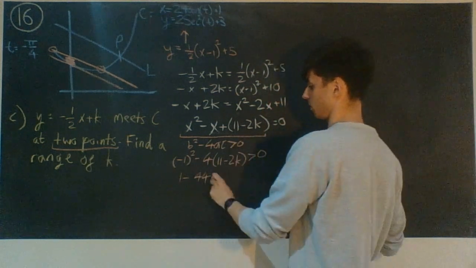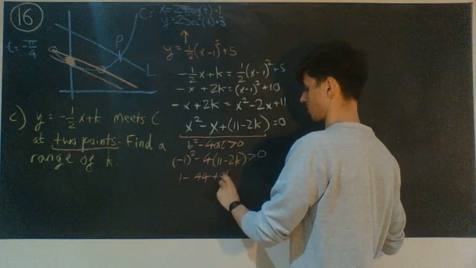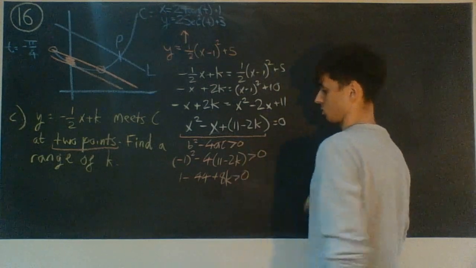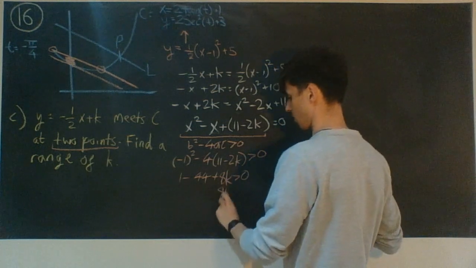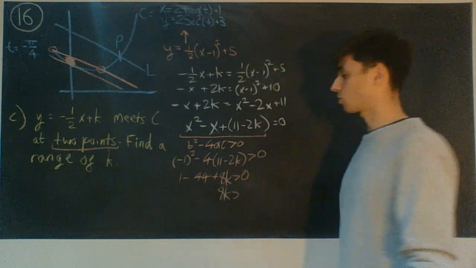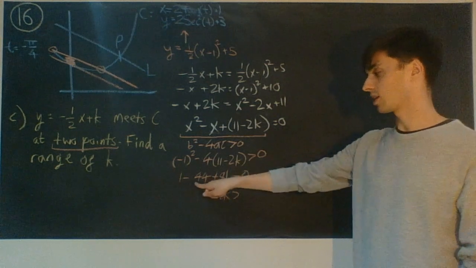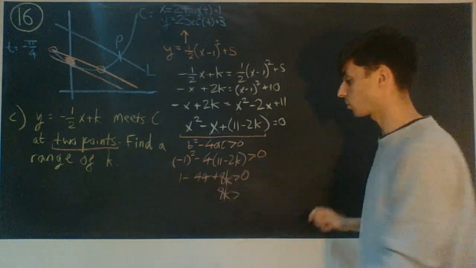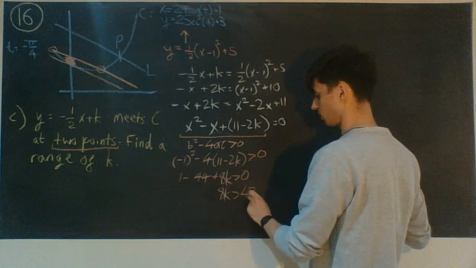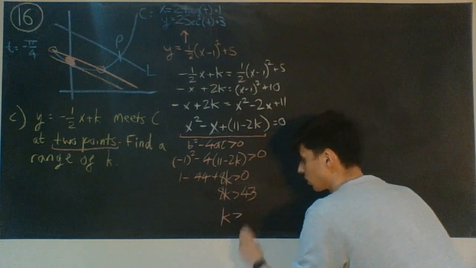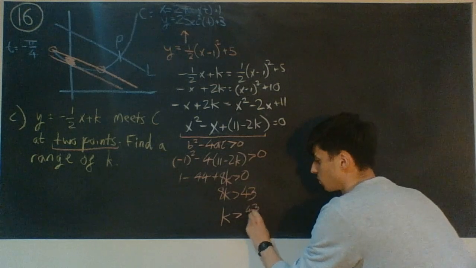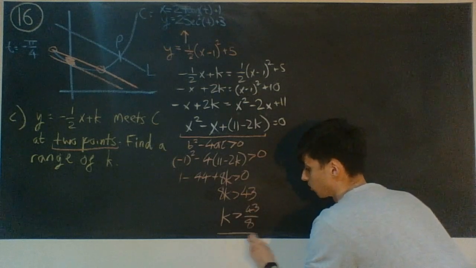Minus 4 times minus 2k will be plus 8k, strictly greater than 0. If we leave the 8k where it is, we've got 8k is strictly greater than minus 43, so plus 43 here. And then lastly, k is strictly greater than 43 over 8.